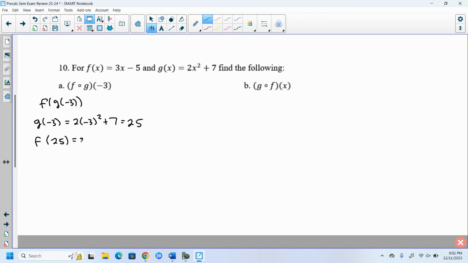And so it's going to look like 3 times 25 minus 5. 3 times 25 is 75, minus 5 is 70. So that is our answer for f of g of negative 3. It will be 70.